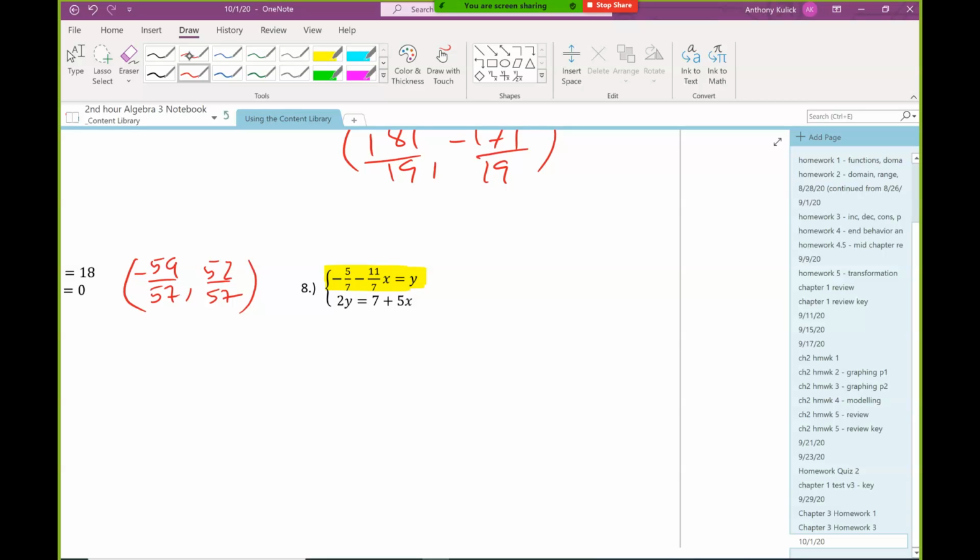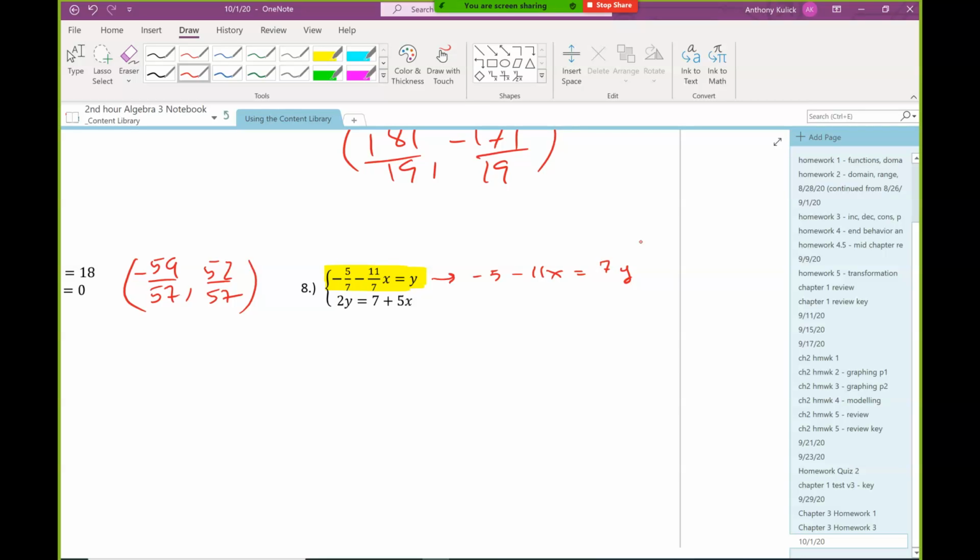Right? If I multiply both sides of this equation by the number 7, I would get negative 5 minus 11x, 7y. Is that okay?